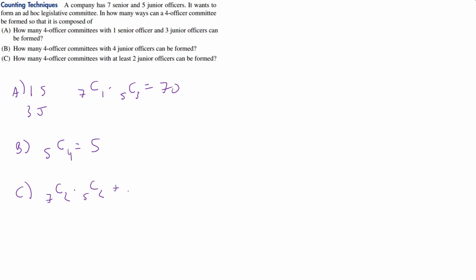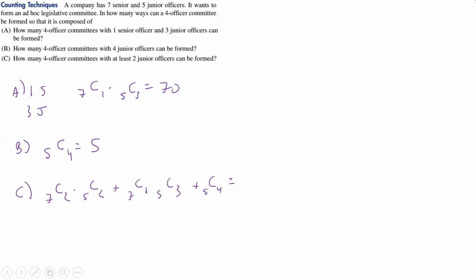And then we also could have 7C1 and 5C3, so we could have 1 and 3. And there's also the possibility of 5C4. Okay, so we have to do all those and add them together. The only one we don't have yet is the 7C2 times 5C2.